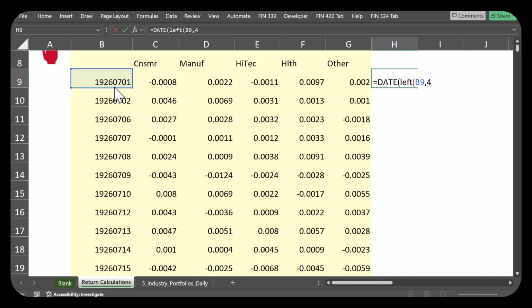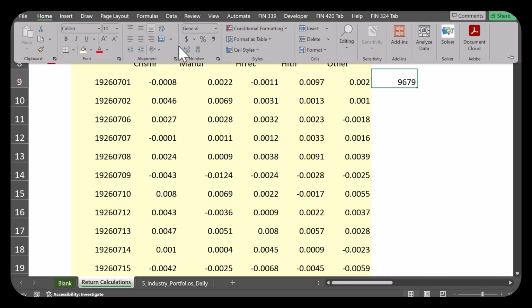Middle of this, starting at the fifth, two characters, and right this too. Okay.